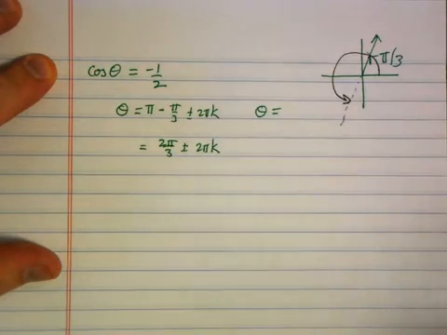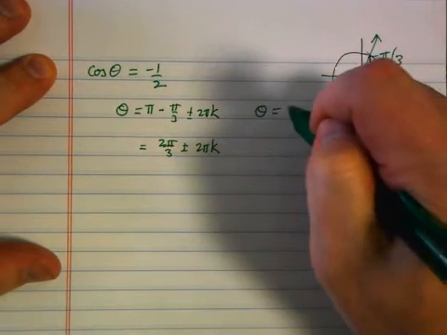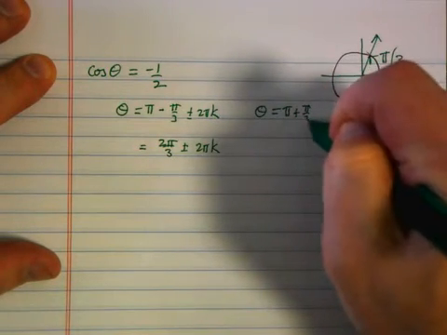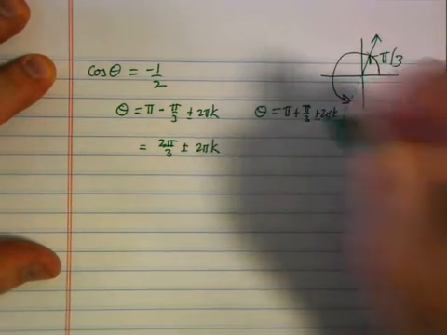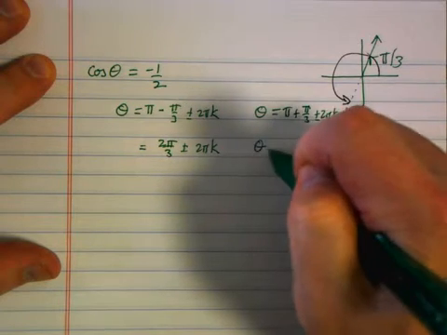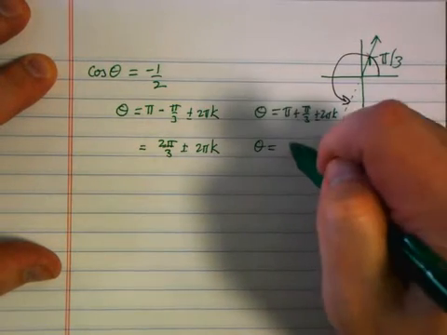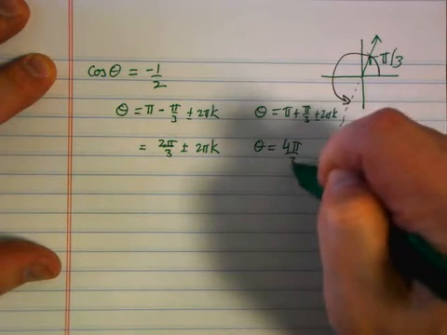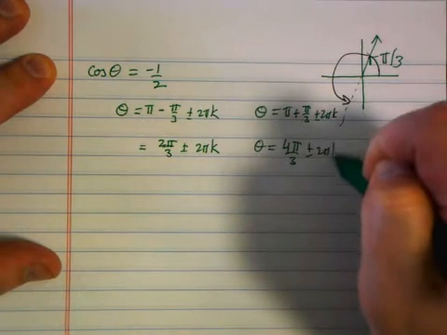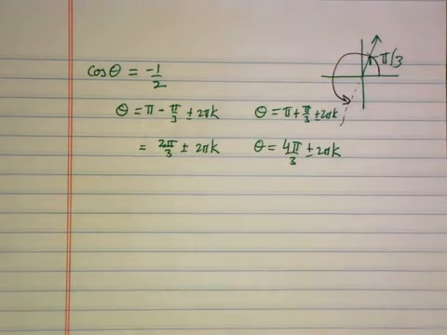So I'm simply going to add pi. So this one's going to be pi plus pi over 3 plus or minus 2 pi k. So theta was pi plus pi over 3, which is 4 pi over 3. Lots of fun with fractions and radians, isn't there? So our answer would be 4 pi over 3 plus or minus 2 pi k.